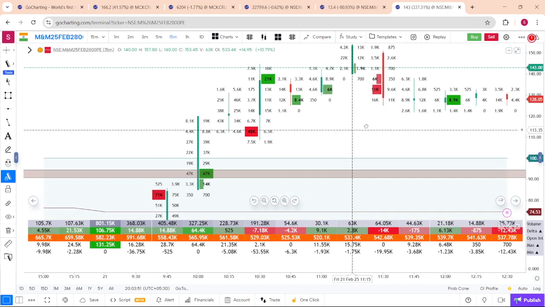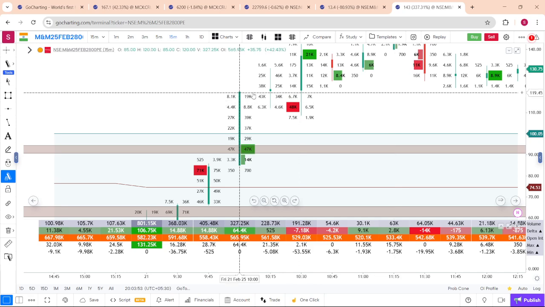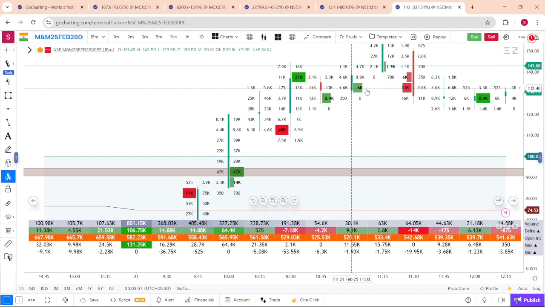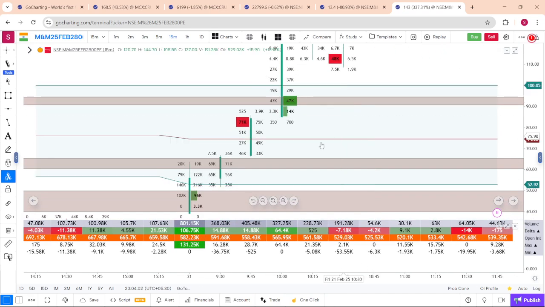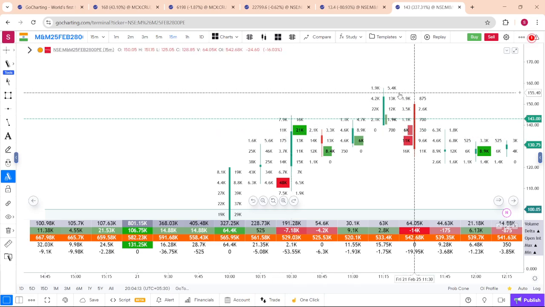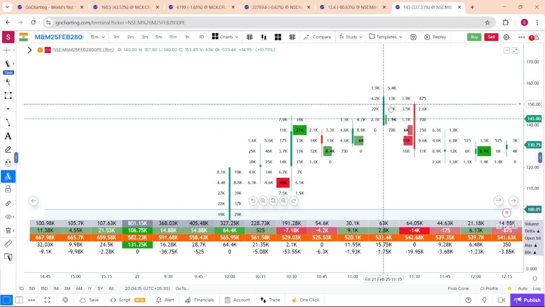I will not say you will get 155, but at 150 you can take 155. In this area, 143, 144, you can sell, because after three, four green candles you got an exit. Why keep holding?